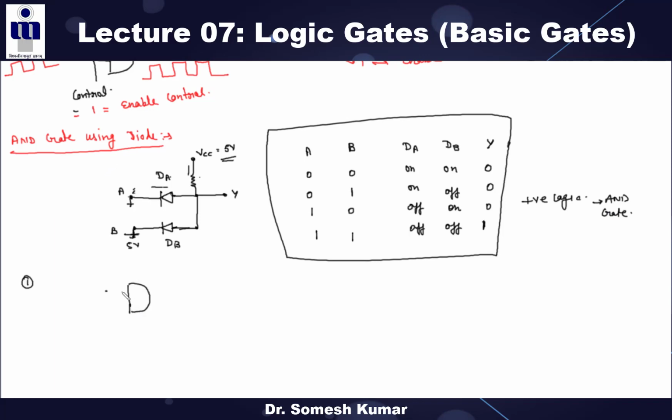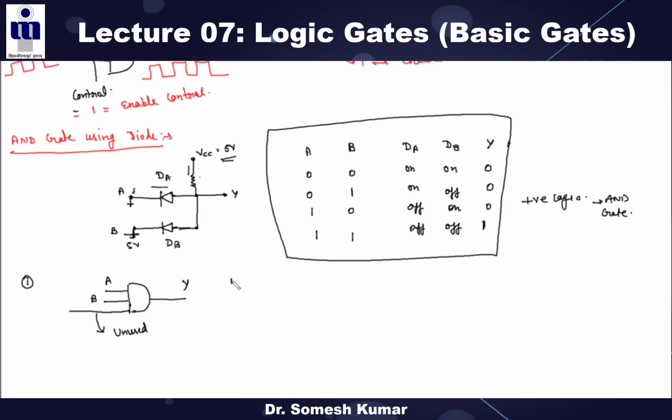This is your one AND gate, right? Now this input, sometimes we say it is unused, right? This is a 3 input AND gate, and this third input is unused, right?